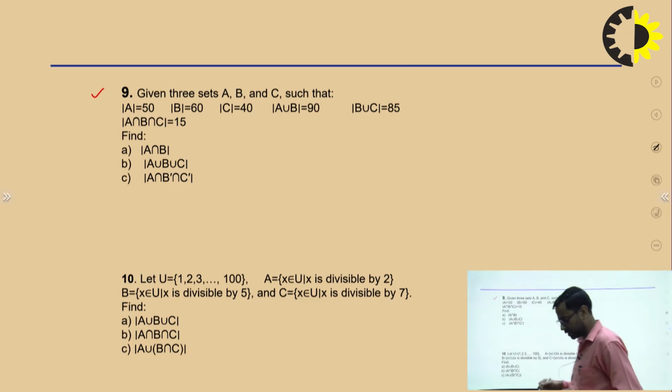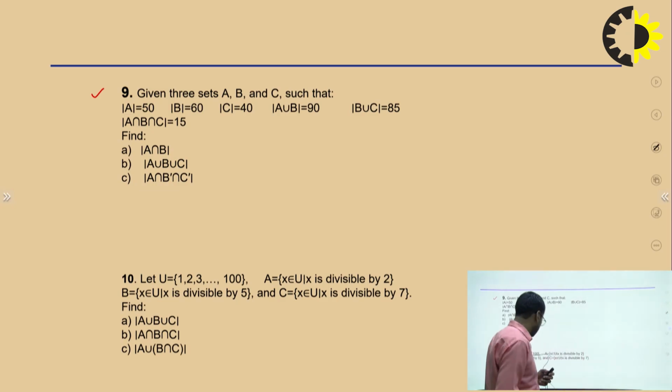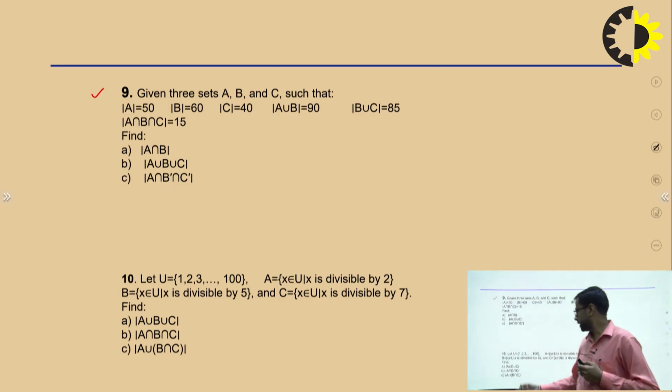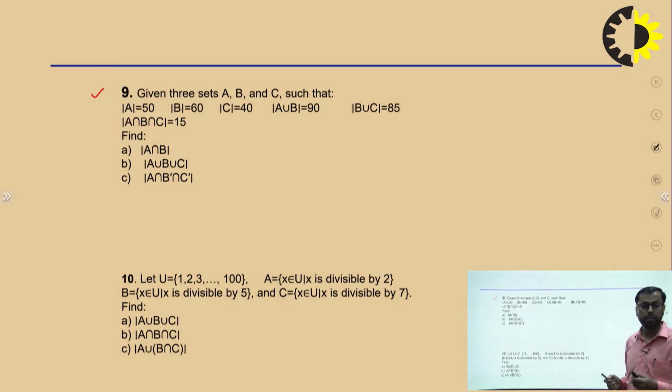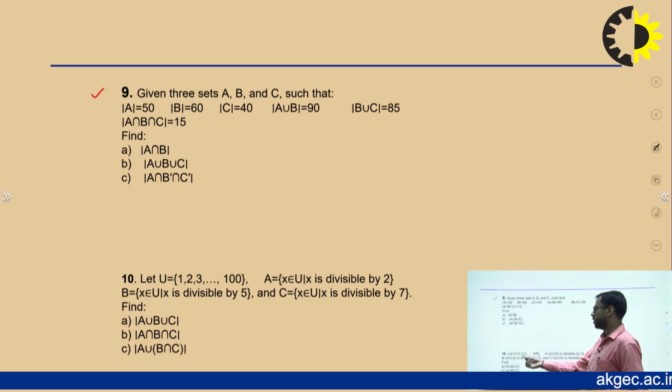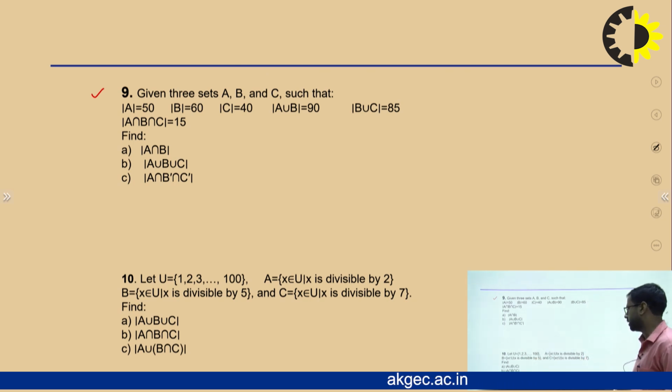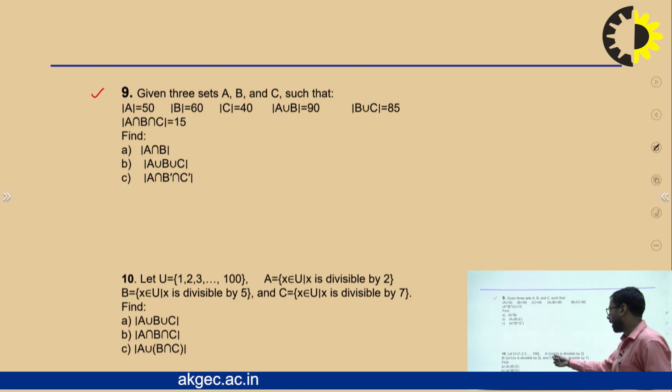Now we come to the next question, and the question is: let U, the set U, contain some elements that are finite in nature. We will not list all the elements, because the set would be too large. So U is a set containing all the elements from the range 1 to 100, and the next set A contains the elements X where X belongs to U and X is divisible by 2.